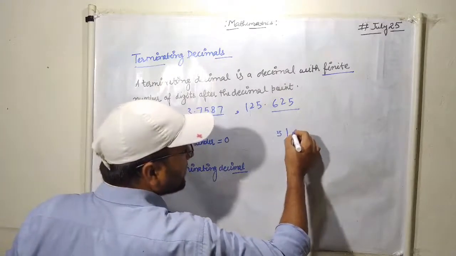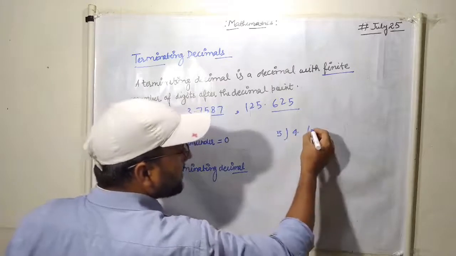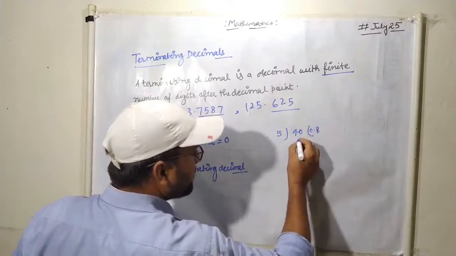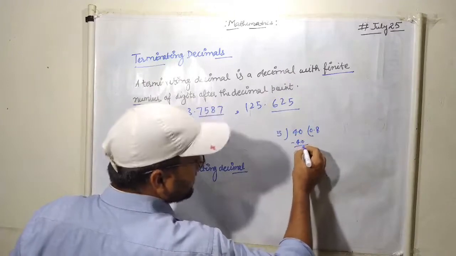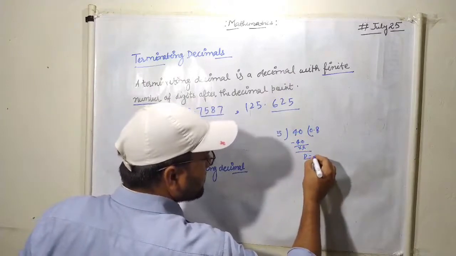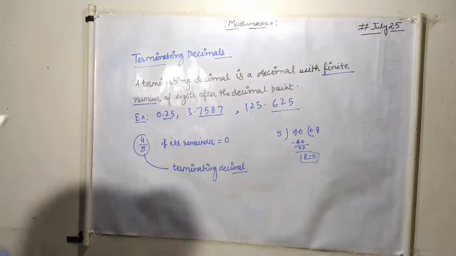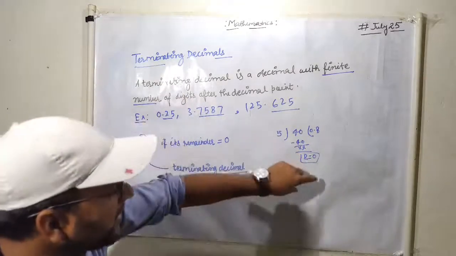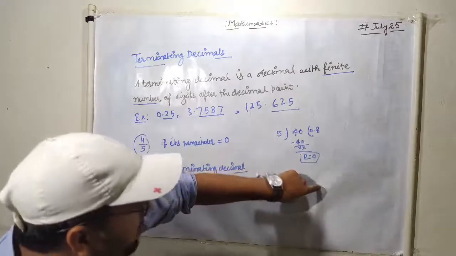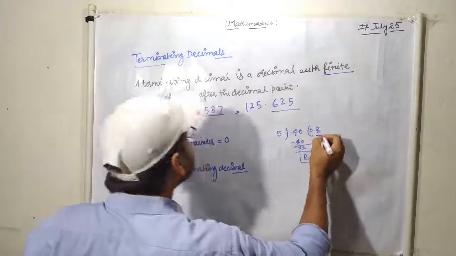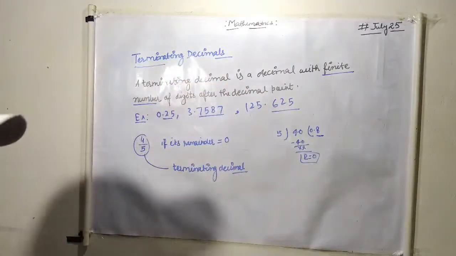Listen, see this one. 5 is going to divide this 4. 4 is not divisible by 5. Take a point, 40. 5 8 40. Means that the remainder here is equal to 0. Means that after a finite step, if your remainder is 0, then the quotient you get is a form of a terminating decimal.